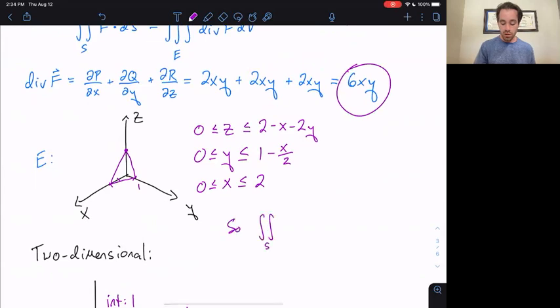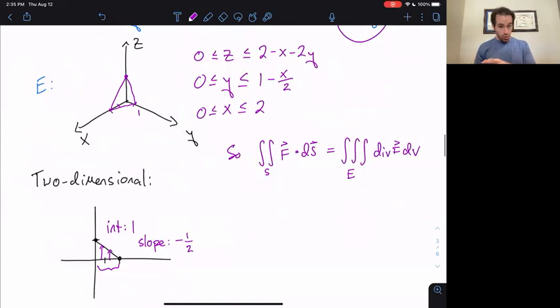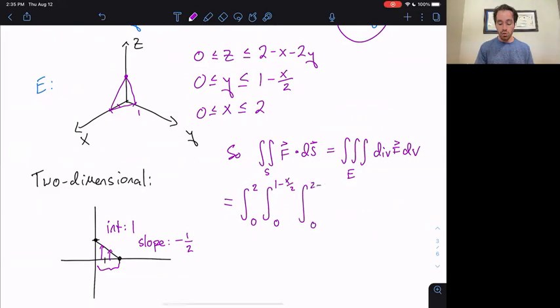So then the surface integral, which in principle is equal to the integral over the three-dimensional region of the divergence, blah, blah, blah. This is always true, but what this ends up being equal to in this particular case is x from 0 to 2, y from 0 to 1 minus x over 2, and z from 0 up to 2 minus x minus 2y.